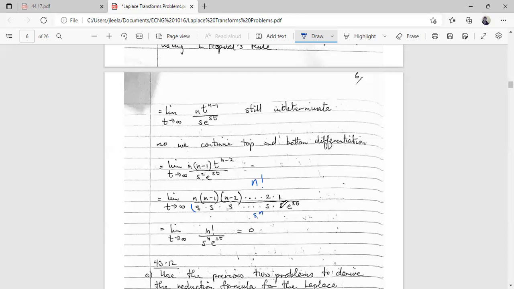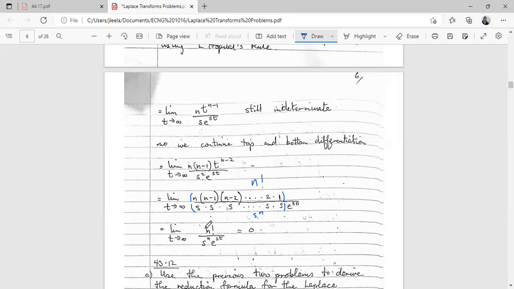So what you have here, right, you have the limit as t approaching infinity, n factorial over s to the n, e to the st.